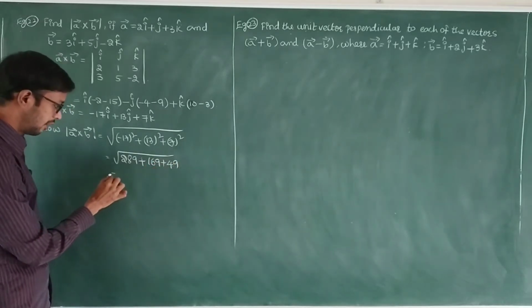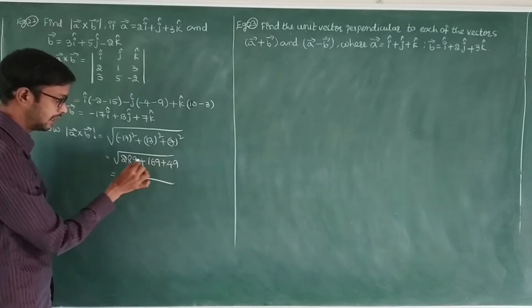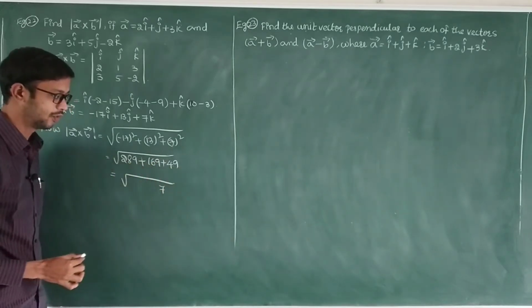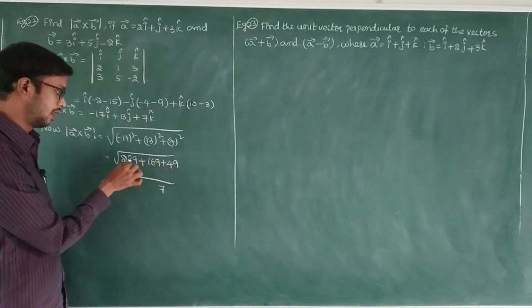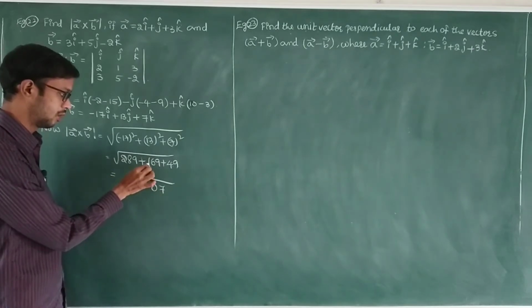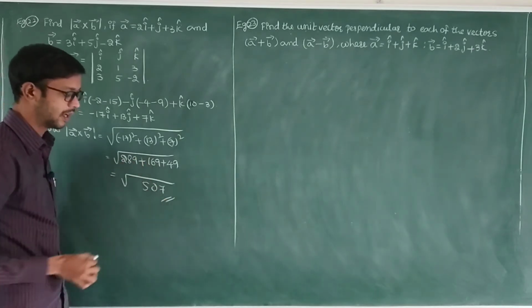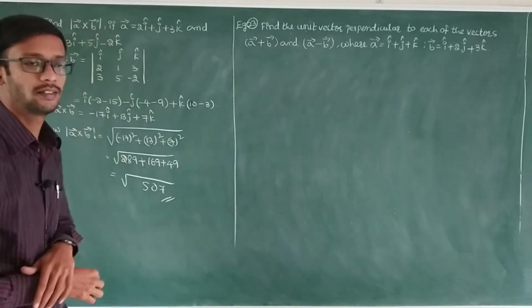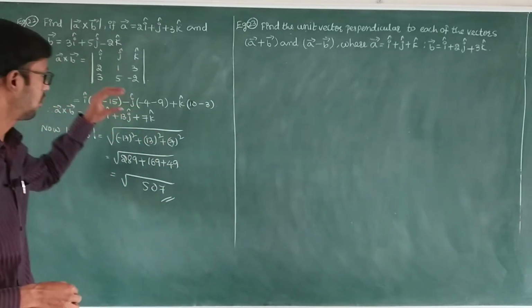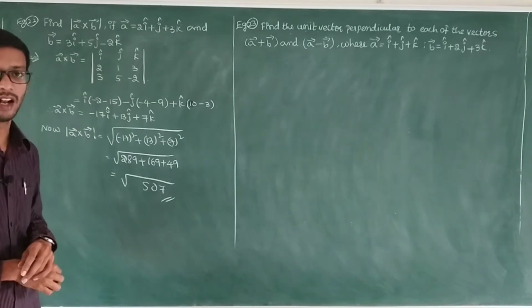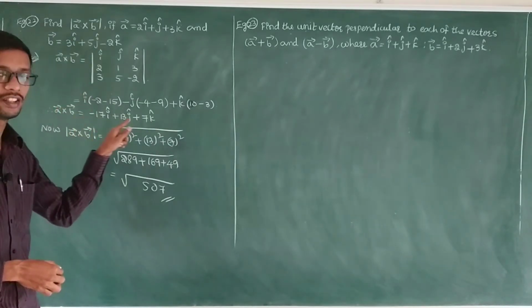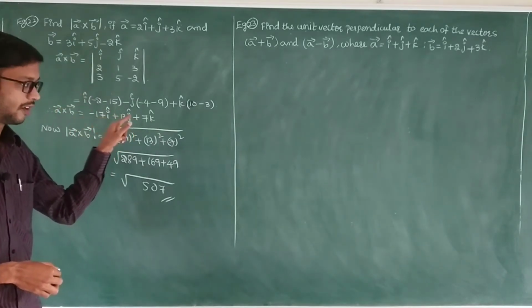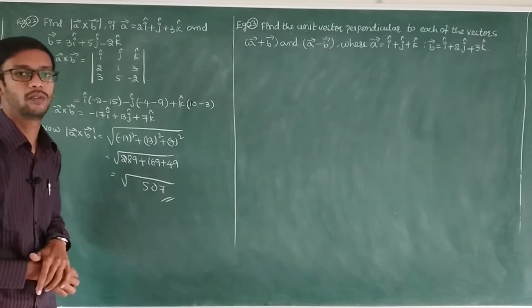So the total will be 507. The square root of 507 is the magnitude of A bar cross B bar. First we have to find the vector A bar cross B bar. The cross product is always a vector, so that vector's magnitude we have to find.